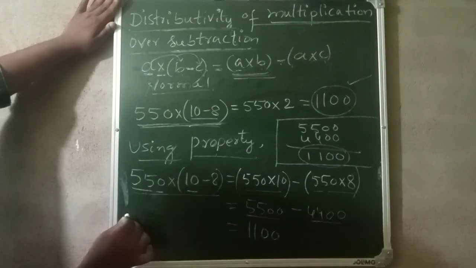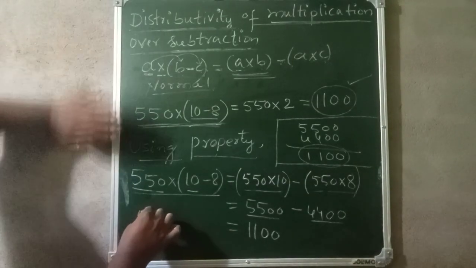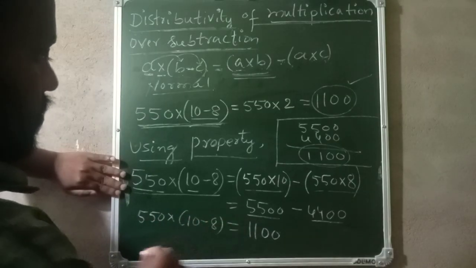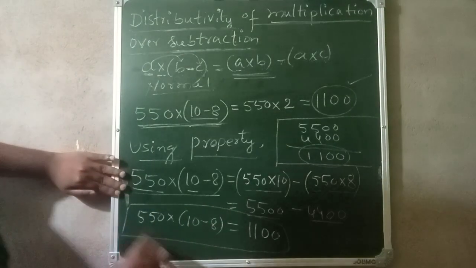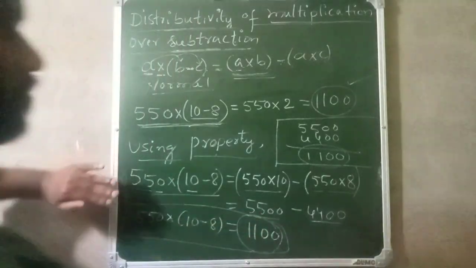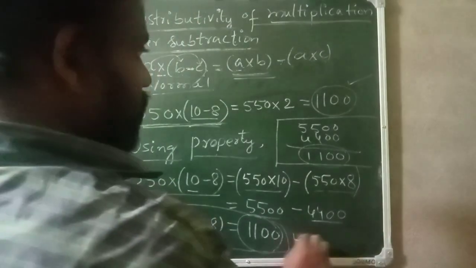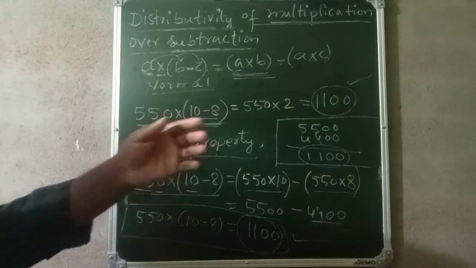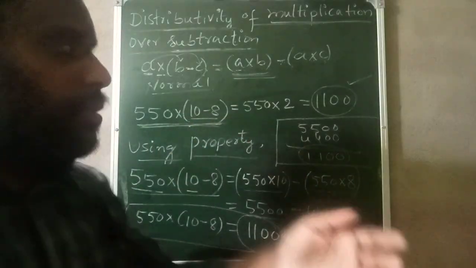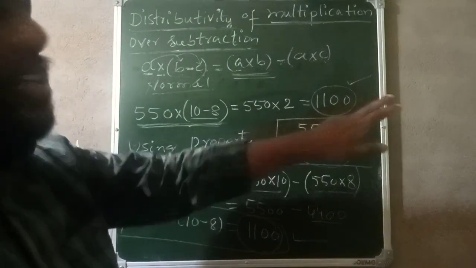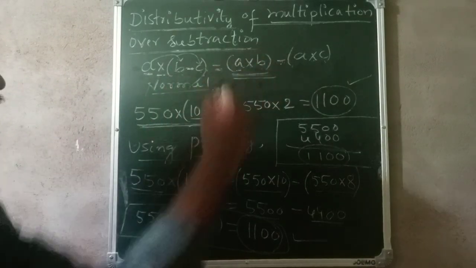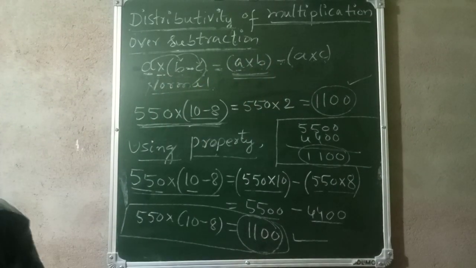Now the same expression, write it here once again: 550 into (10 minus 8). So this is the answer we got. See, using normal multiplication, we got 1100 as the answer. Correct? Using this property, we got 1100 as the answer.